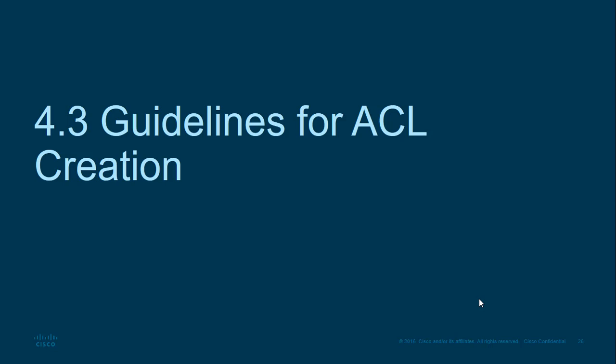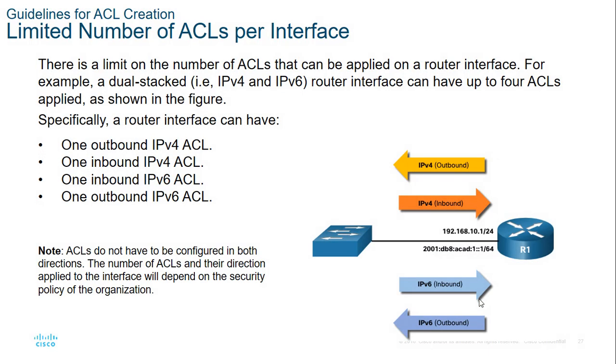Now if we look at some guidelines for ACL creation itself, these are basic rules that need to be applied when we're doing an ACL. Previously we talked about how wildcard masks are used in ACLs. Now we're going to talk about the guidelines for creating an ACL itself. There's a limit on the number of ACLs that can be applied on a router's interface. For example, if it's dual stack, which means I'm doing IPv4 and IPv6, a router interface can have up to 4 access control lists applied.